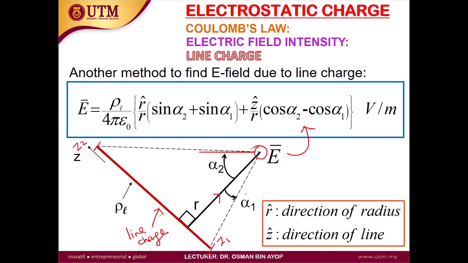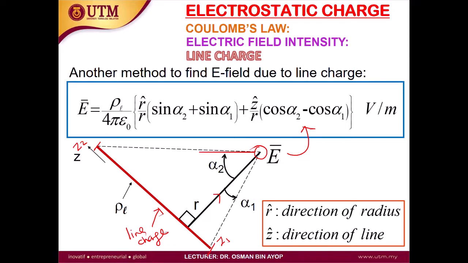Then we define alpha 1 here. The alpha 1 is from the negative z to our r, and then we have alpha 2 from r to the positive z. So we have two angles here.